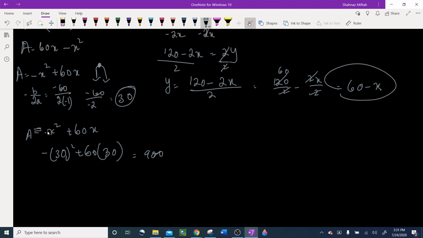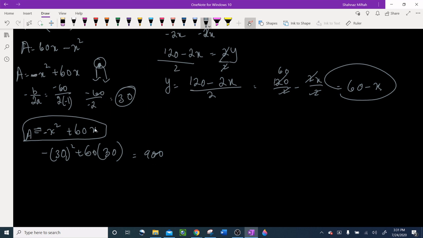Because they are asking for the maximized area, and this is my area for that rectangle. What I did was figure out the x, which was the vertex, negative b over 2a. It's maximized, which means it's concave down, and I can tell it's concave down from this negative sign, since a is less than 0.